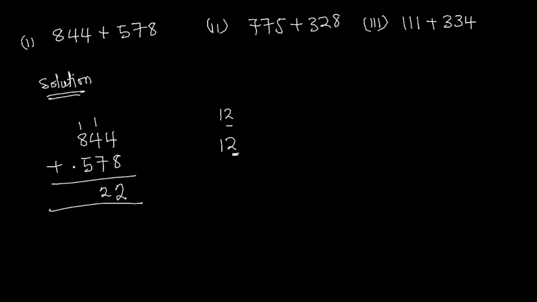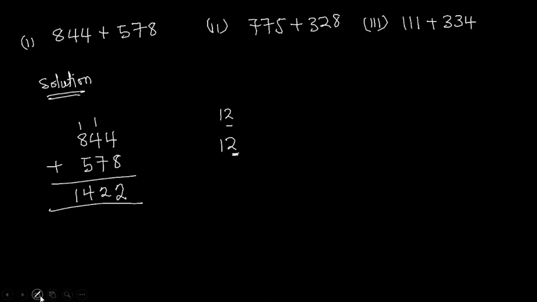Because we don't have any numbers over here again, we just write our 14 over here. Note that in writing the 14, I wrote the 4 directly under this set of values over here. That is the hundreds place value, and then I brought 1 onto the thousands place value. So this becomes our answer for question number I.